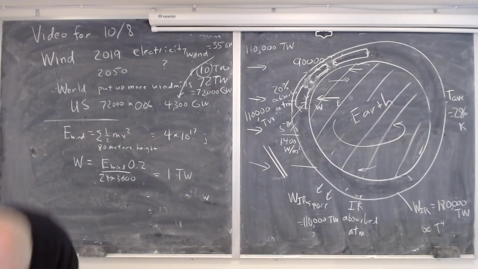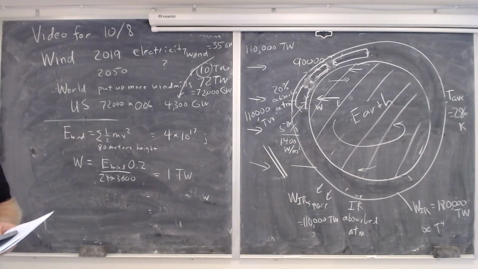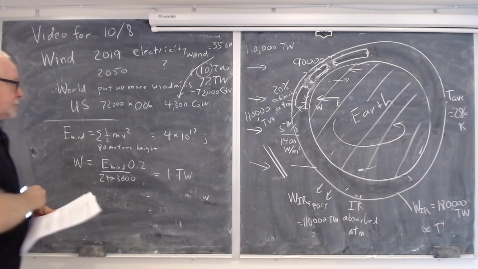I should be able to do this in my head: 10,000 times 0.06, 600.